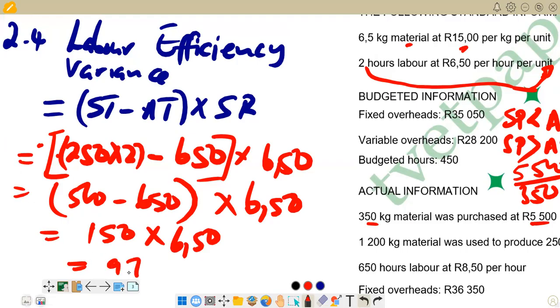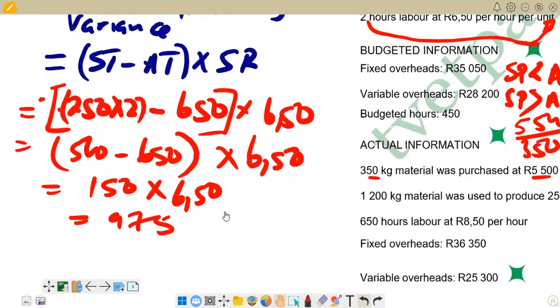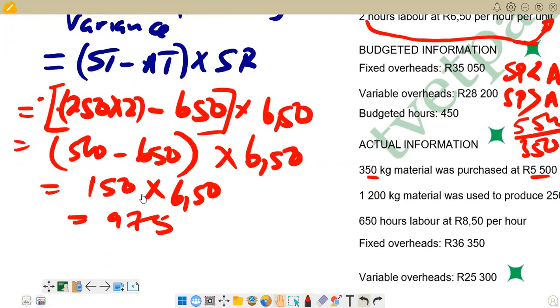We get 975. And then, remember, we have to determine whether it's favorable or unfavorable. In this instance, 500 compared to 650, we see that standard time is less than actual time.